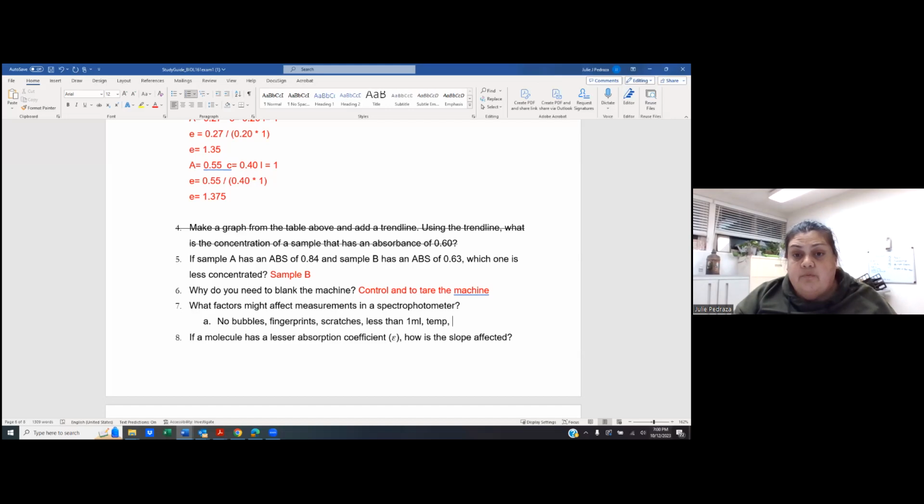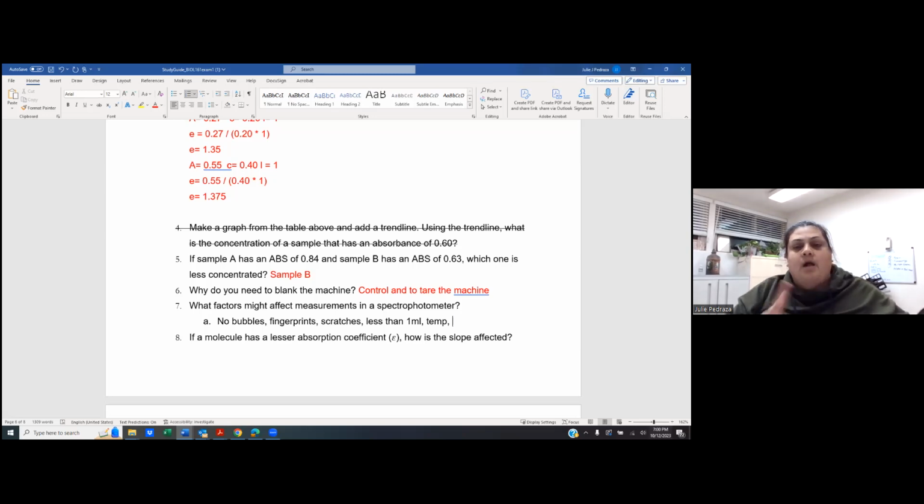For example, when we were looking at chlorophyll A, if chlorophyll B also measures at 263, then we're unable to look at A and B at 263 because we don't know which one is A and which one is B. Does that make sense?